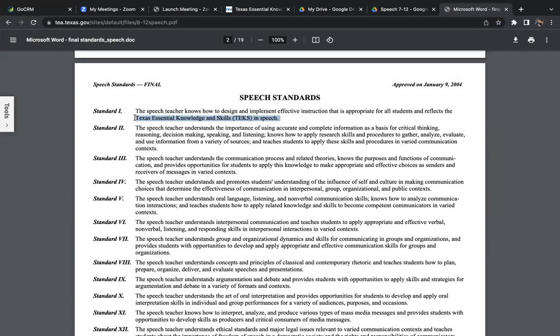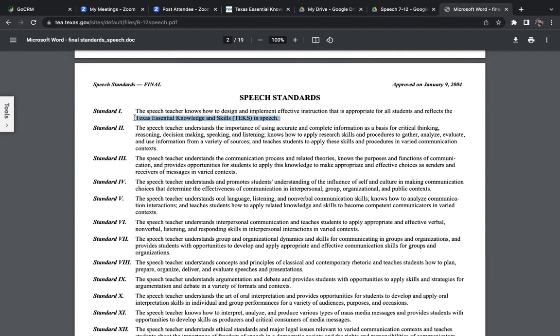So what speech or communication skills do 7th graders need? What knowledge, and then what should they be able to do before they leave your classroom, and in 8th grade, and in Speech 1, and so on and so forth. So understand the different knowledge and skills that are required of the students, make sure that you know the knowledge they have to know and that you're able to do the skill they need to be able to do.